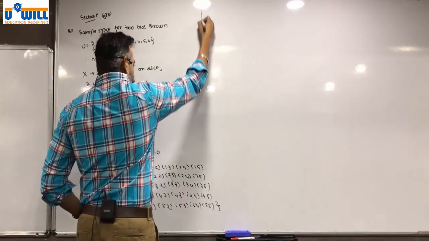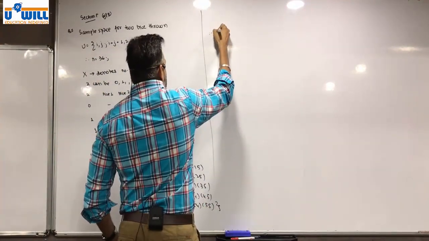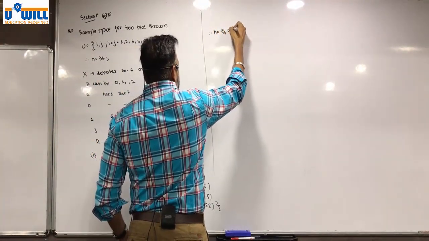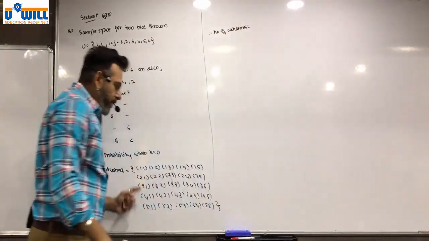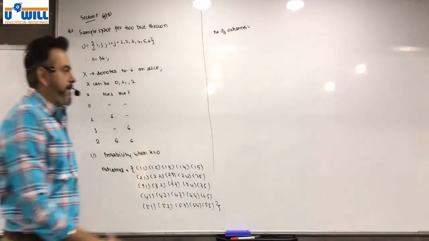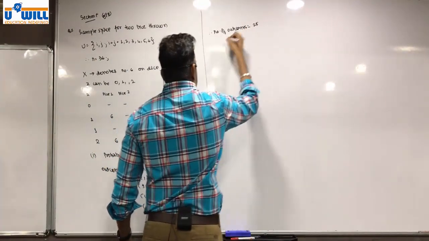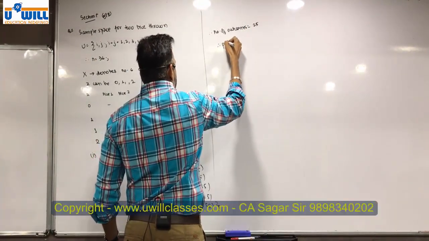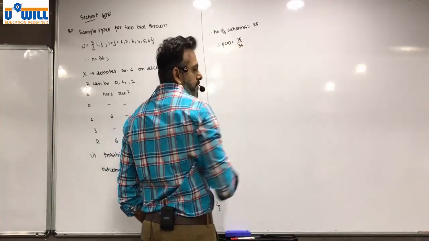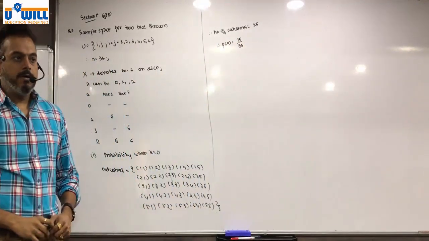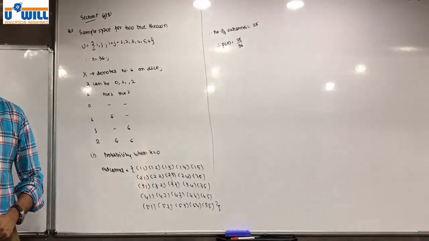Therefore, number of outcomes is equal to, how many are there? 25. Therefore, probability that x is equal to 0 is equal to 25 by 36, m upon n. Understood this, all of you?